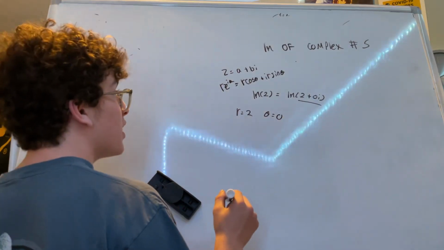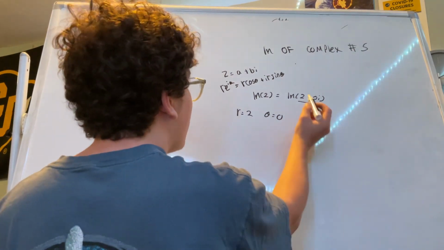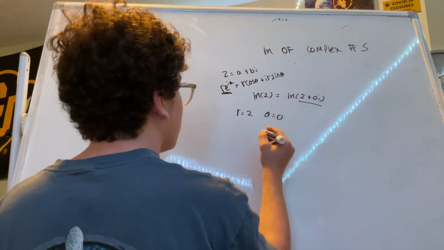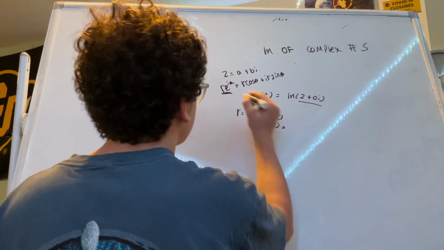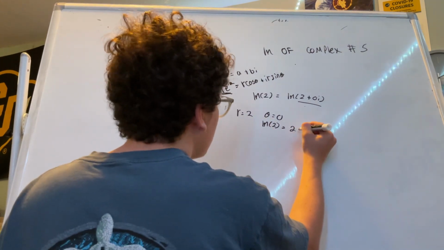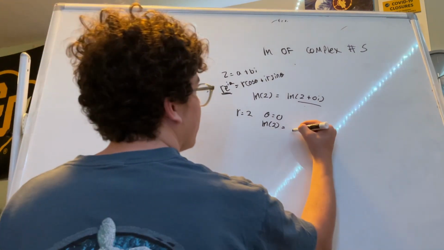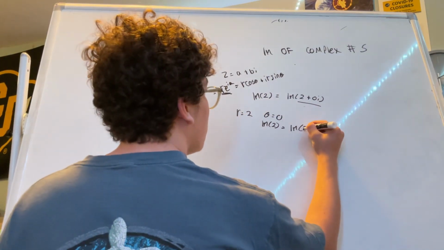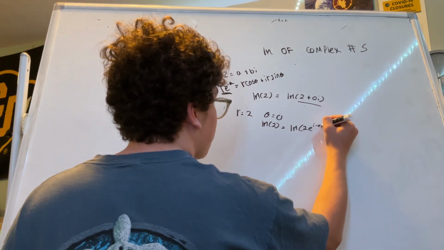Therefore, we can now rewrite this complex number as a polar complex number, plugging it into this formula here. So now we can say that the natural log of 2 is equal to the natural log of 2 e to the i times 0.